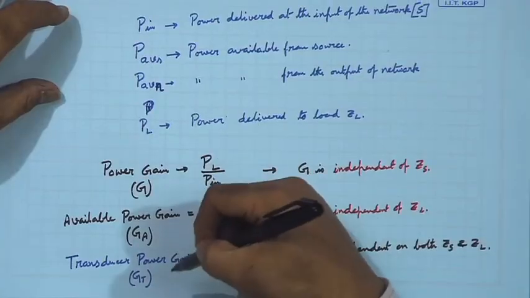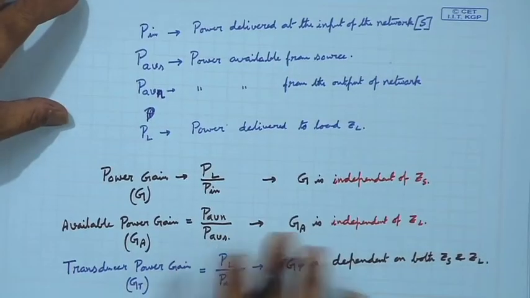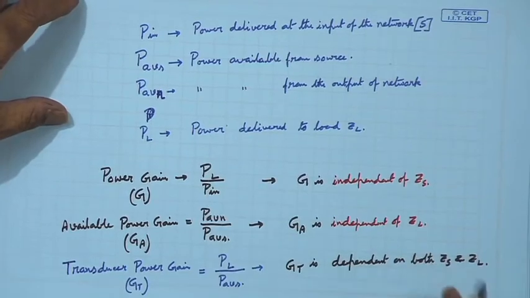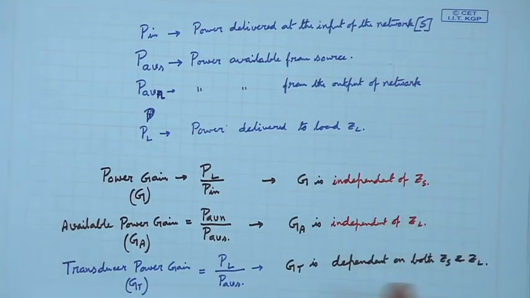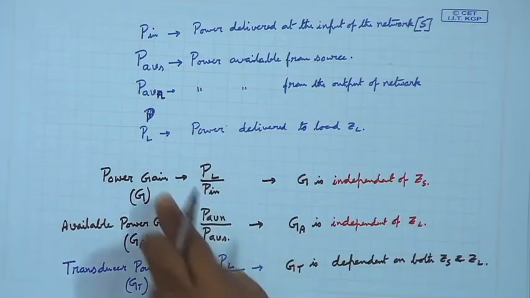That is called transducer power gain. So, G_T is the most important factor, but out of these three, obviously G_T will be the least, because after taking everything into account, this value will be reduced from any of these values, but these various parameters help us to separately consider various sides.